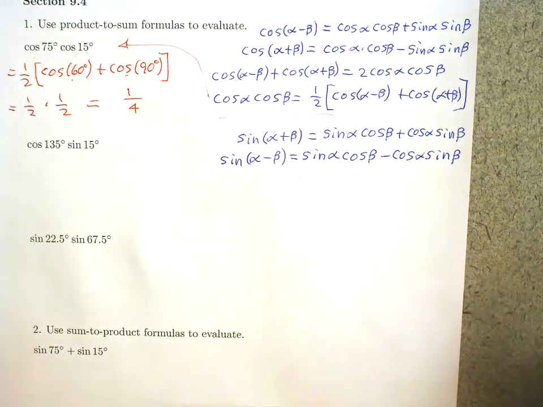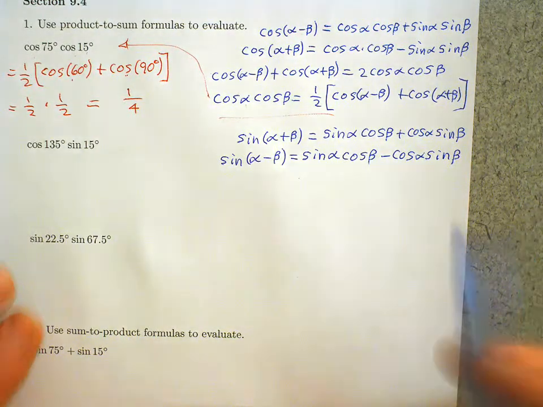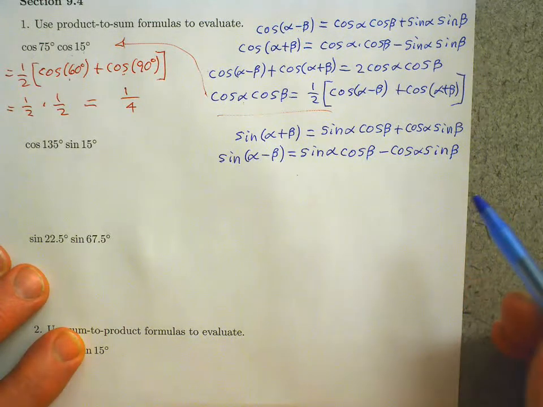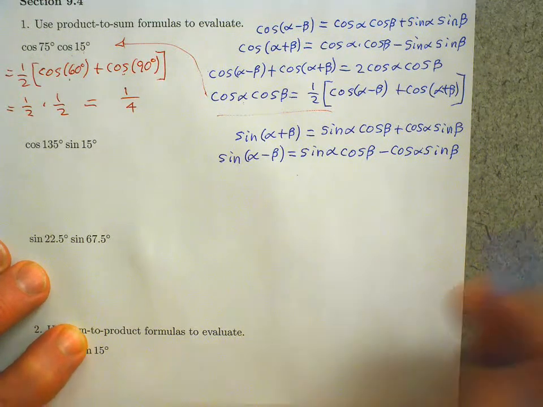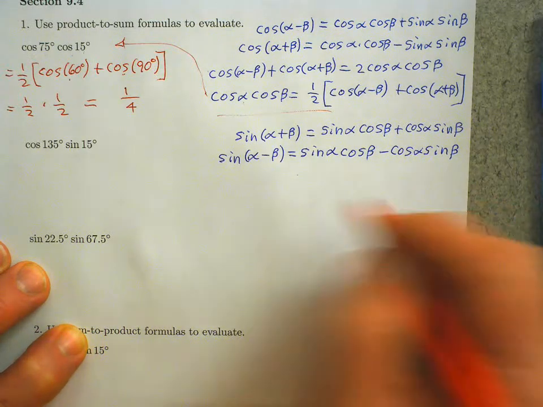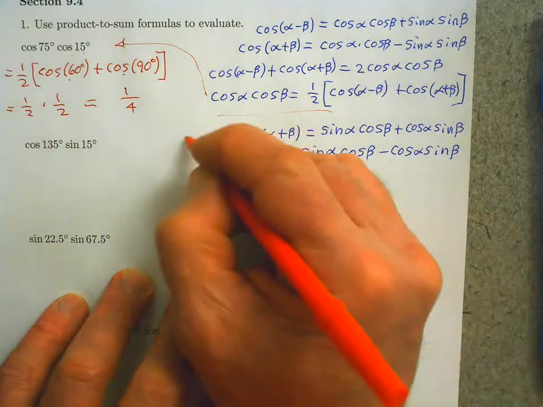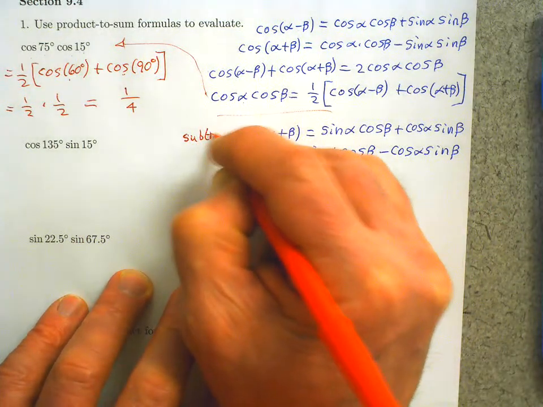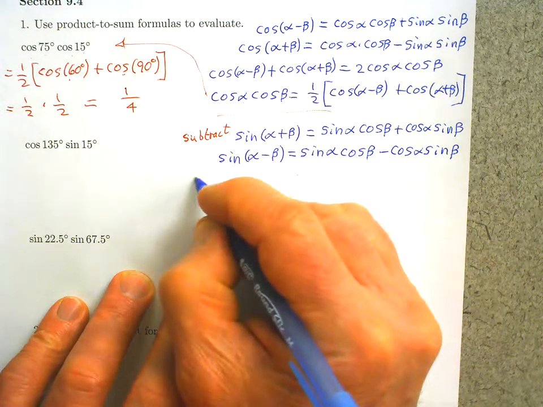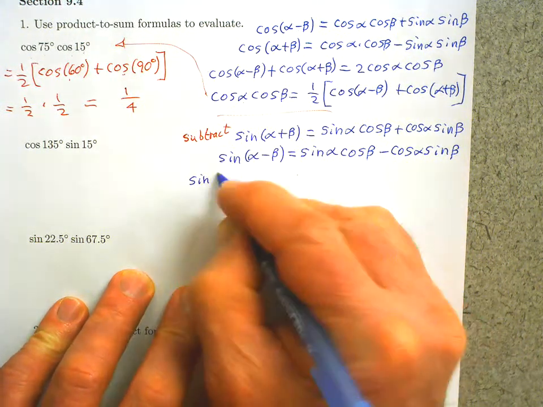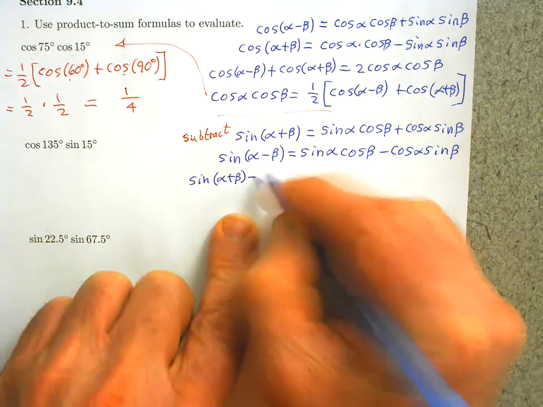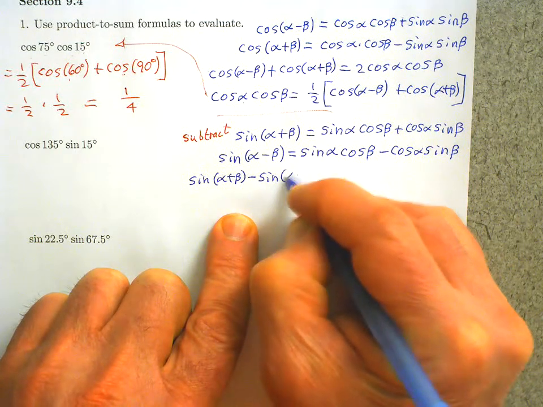Well, there's more than one thing that we could do. It doesn't really matter. But let's use subtraction this time. So when we subtract, we get sine of alpha plus beta minus sine of alpha minus beta.